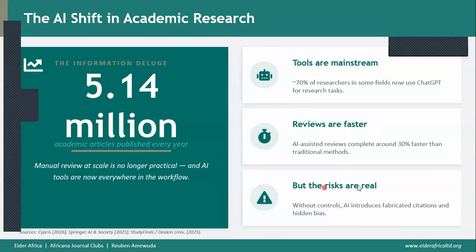Now, the main issue is the risk that's associated with it. Why are we concerned about the risk aspect? Without control, AI introduces fabricated citations and hidden biases.